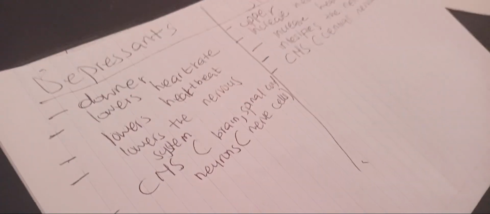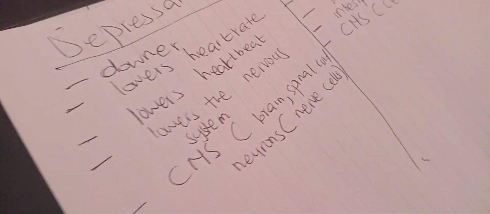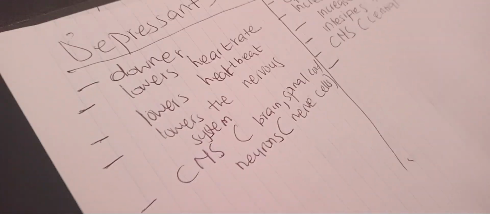Right. So it intensifies the nervous system. The stimulants, they intensify the nervous system. Then this one, it lowers the nervous system. How does it intensify the nervous system? By sending messages fast to the brain and body.